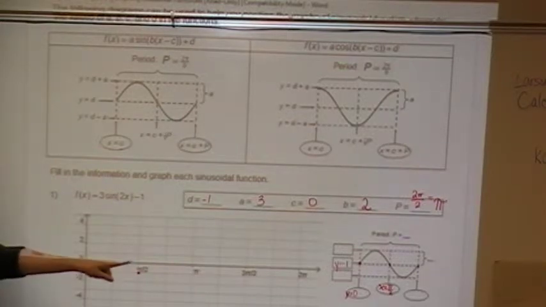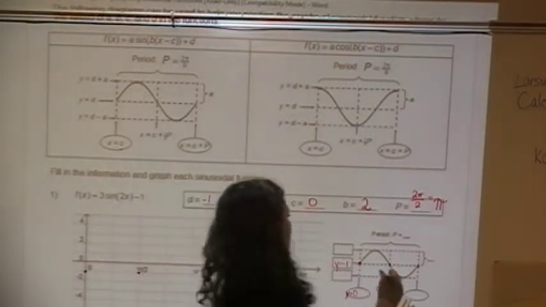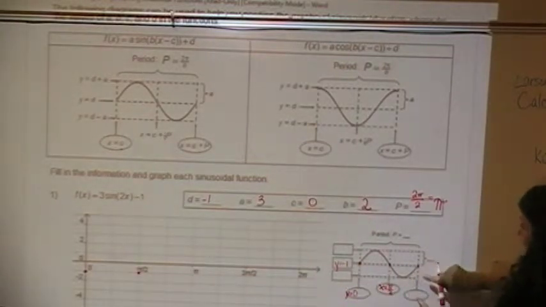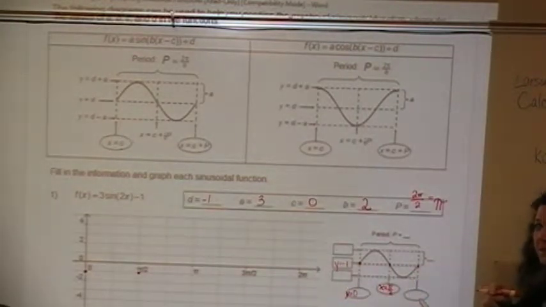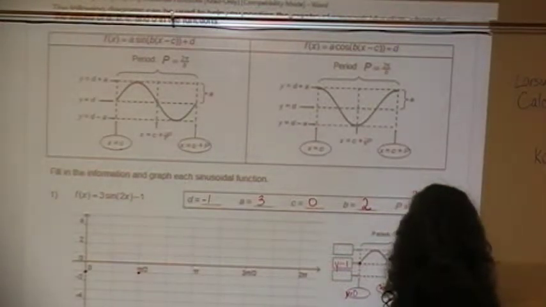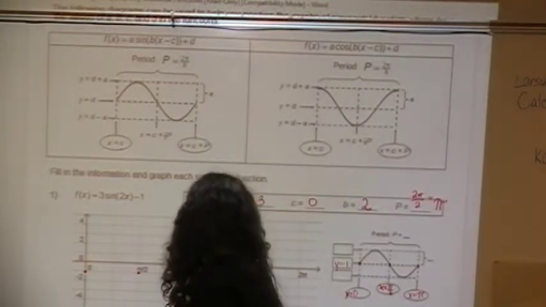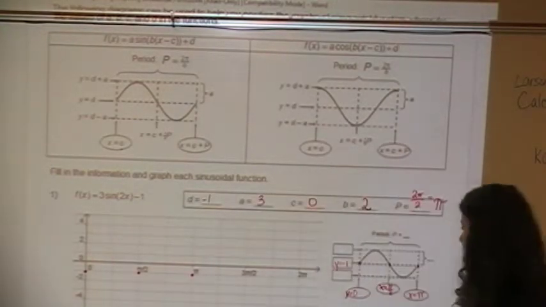And then that last one over there, if I want this dot right here, I have to go here and here. It's just C plus P. So x is going to equal pi. So I got the point pi, -1.